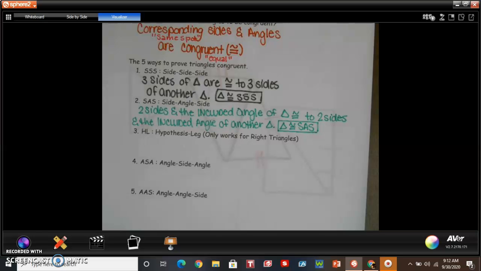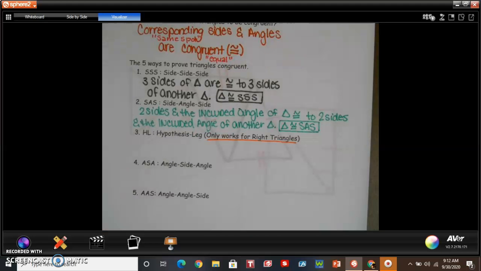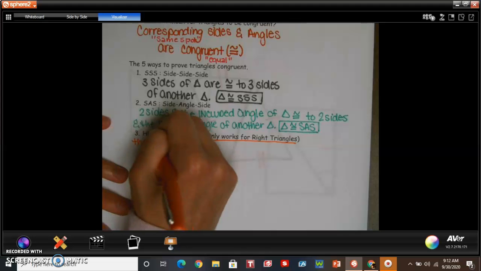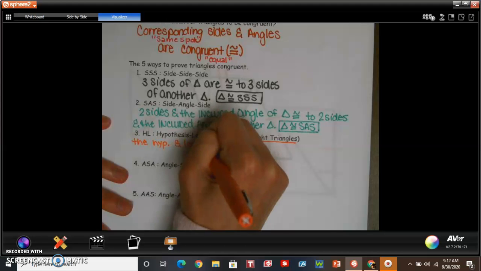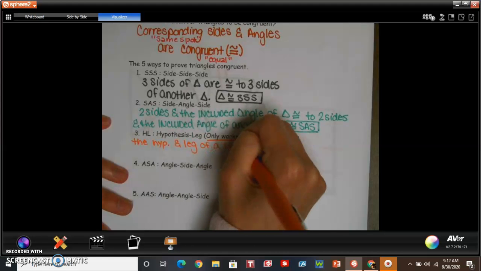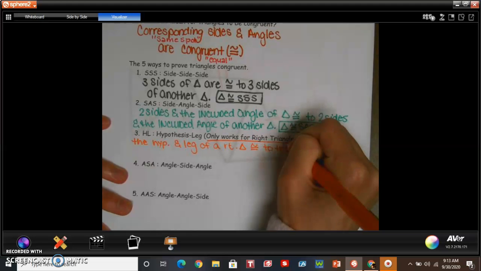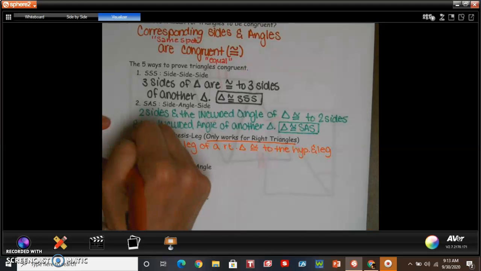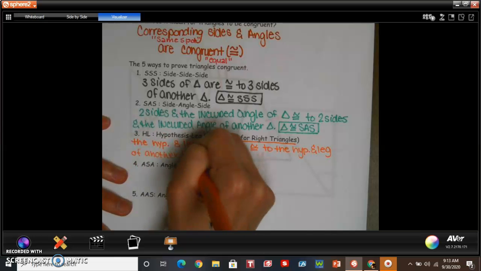HL, hypotenuse leg. This is only for right triangles, okay? So if it's not a right triangle, HL cannot apply. All right, so this is when the hypotenuse, and I will be abbreviating, and leg of a right triangle is congruent to the hypotenuse and leg of another right triangle.